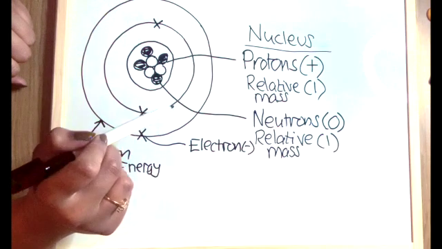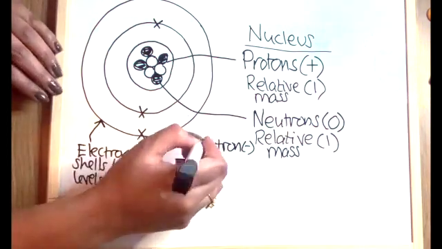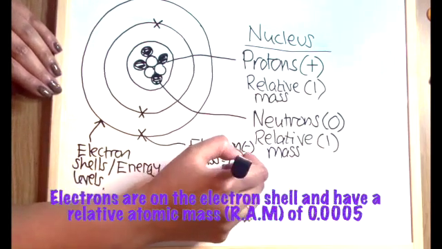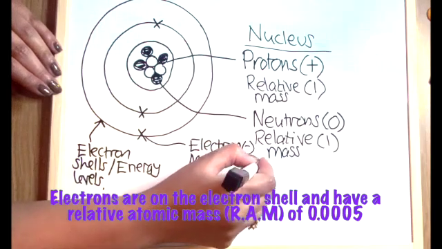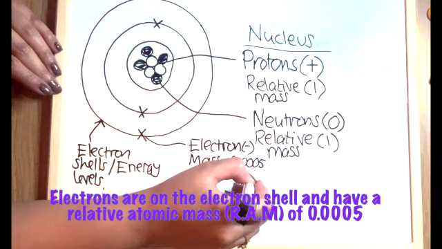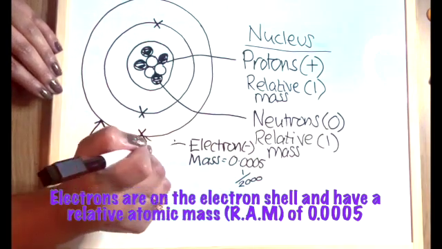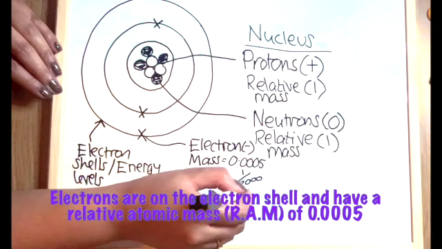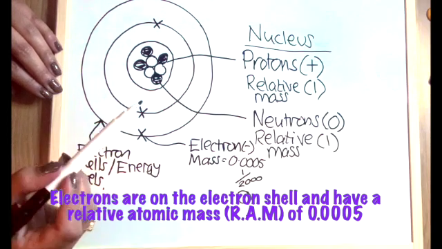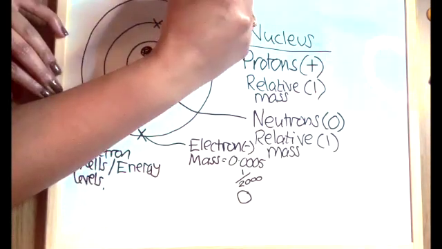If the protons and the neutrons have a mass of 1, then the electrons are so small that their mass is 0.0005, or sometimes is written as 1/2000, but because it's so small, quite often it's just rounded to 0. Those are the 3 subatomic particles that make up the atom.